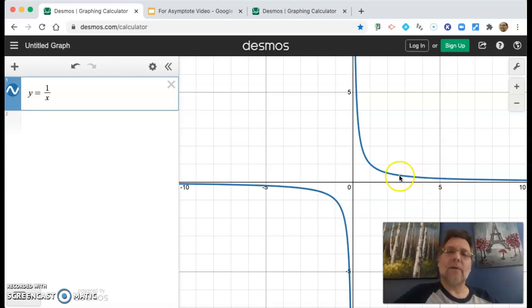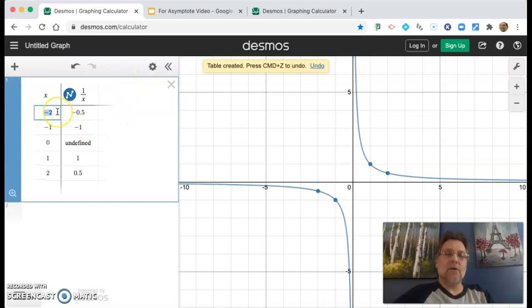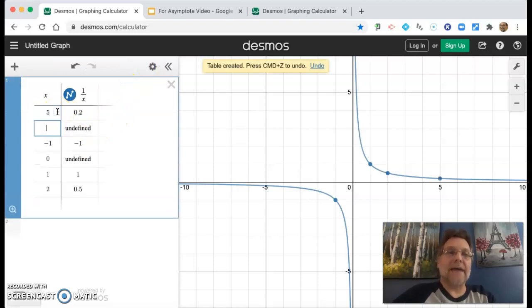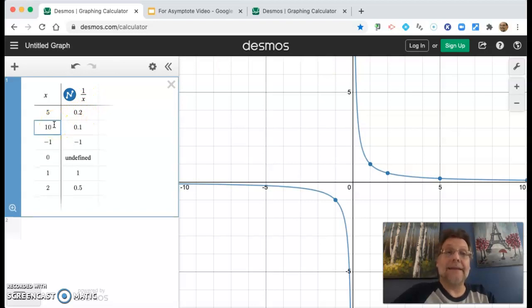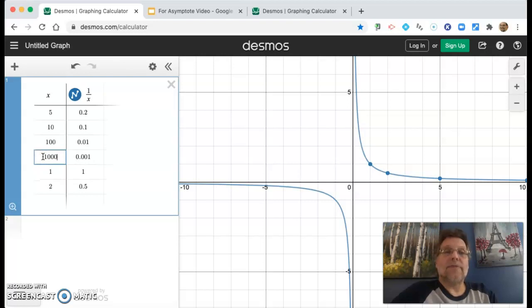And if you think about what happens when I put big numbers into 1 over x, I get 1 divided by that big number. I can show you in decimals if I edit my list and make it into a table here. What if I put in a number like 5? I get 0.2. If I put in 10, I get 1 over 10 or 0.01. If I put in 100, 1/100th, and of course 1/1000th.